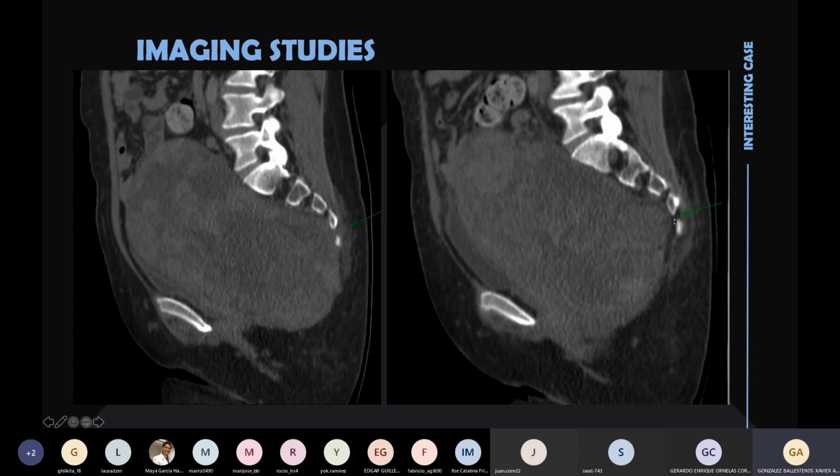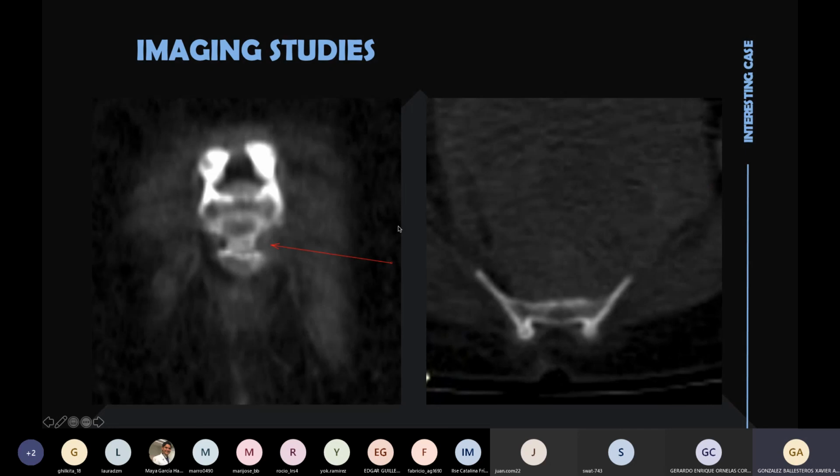Of course, it could also be that the mass is entering. This does not guarantee that the mass is originating there, but it's a possibility. Here is a coronal reconstruction showing the same thing. On the left side, the foramen is occupied and it has a soft tissue content, and on the right side, it's only fat. And it has a subtle bone thinning in the sacrum.